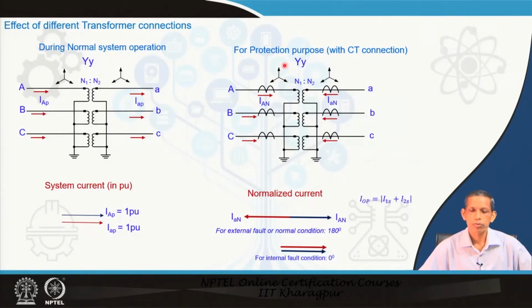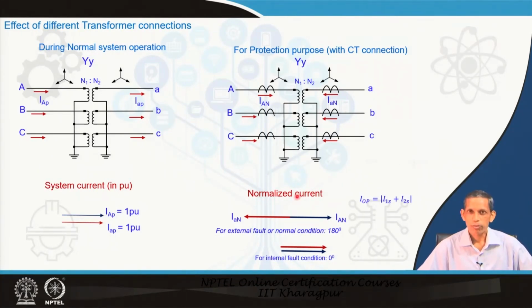Now, let us come to the protection of such a transformer. We connect the CTs as we have already mentioned, with proper polarity connections and all these things. With CT connections we mark the current flow as towards the zone. So, now for this case in normal situations, the corresponding current will be reversed.